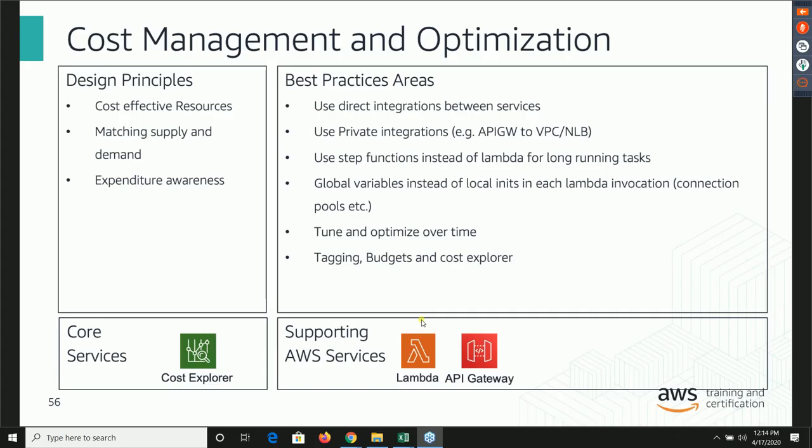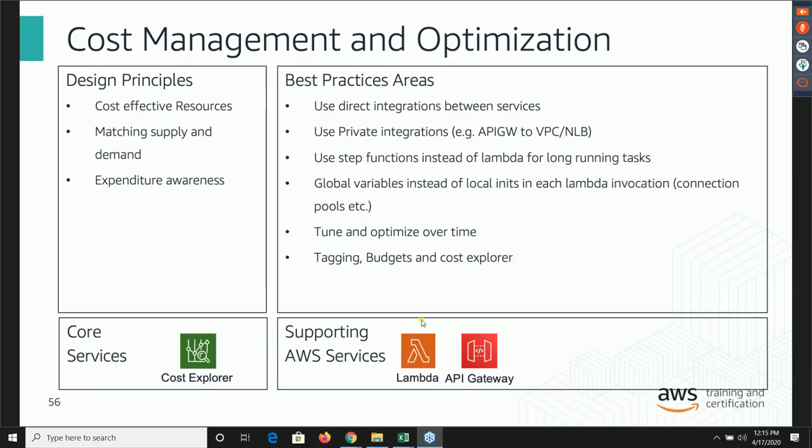And of course, tagging. Use tagging to figure out which functions and which environments are costing you more money. Also, set budgets. Having serverless and not having to worry about infrastructure doesn't mean you don't have to worry about costs. So planning and sizing is always important.